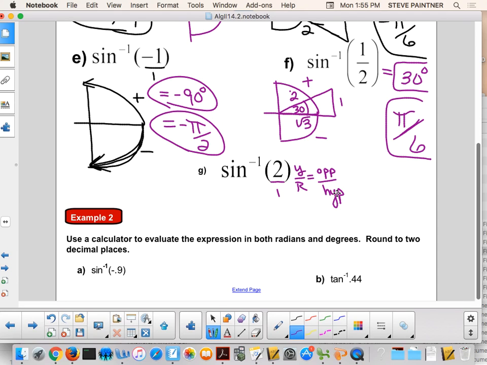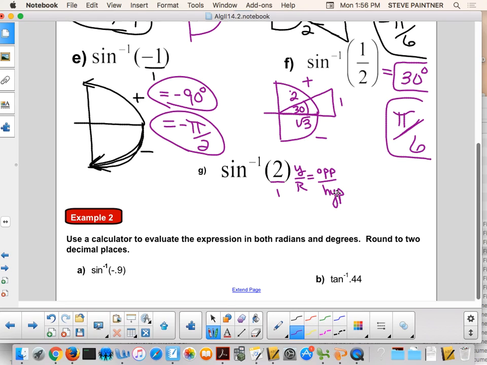What angle creates a ratio of 2 to 1? 2 over 1. Y over R, opposite over hypotenuse. Travis, what is it? Secant. No, I didn't ask you what secant. Don't switch functions on me. I want sine.